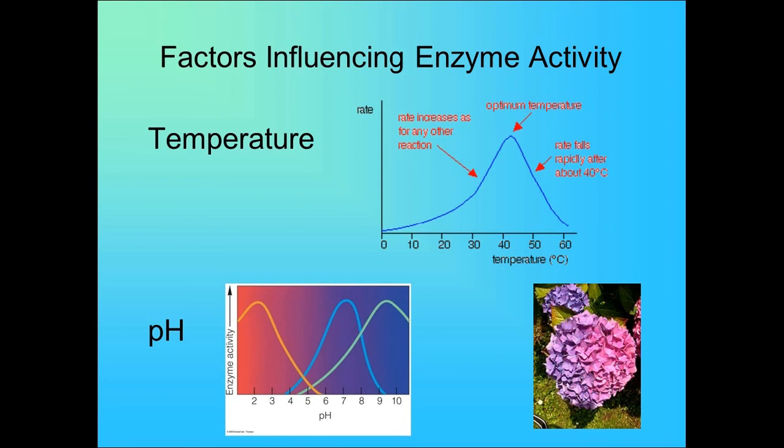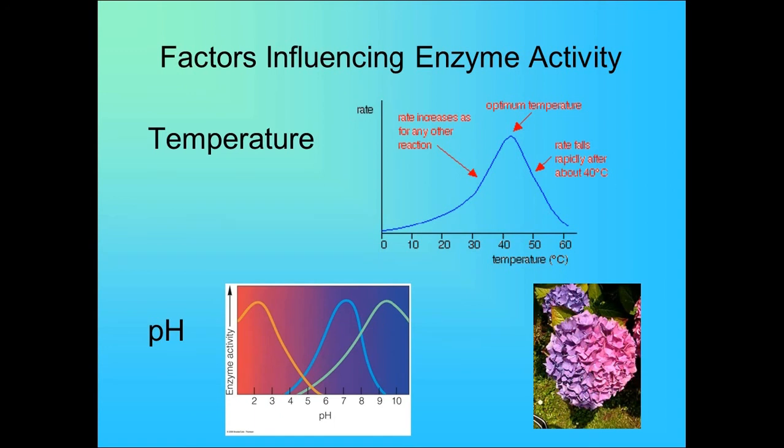If you are above optimum temperature, the enzyme can't maintain its shape, and so again it becomes less efficient. Another way to influence enzyme activity is by altering pH. pH is a measure of the concentration of hydrogen ions in a solution.